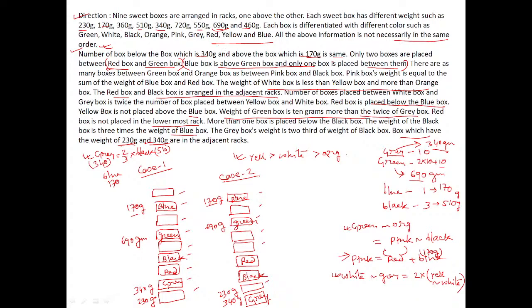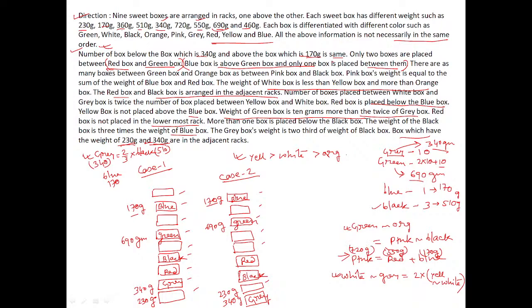Then moving to 360, no, 360 also not. 510, 680 not given. 340 sums up with 170, 510. This one is satisfied. 720, 890, 510, 720. So two cases here, either 340 or 550, but 340 is already here for black. So 340 can't be for red. So red is 550 gram, right? If red is 550 gram, so pink is 720 gram.